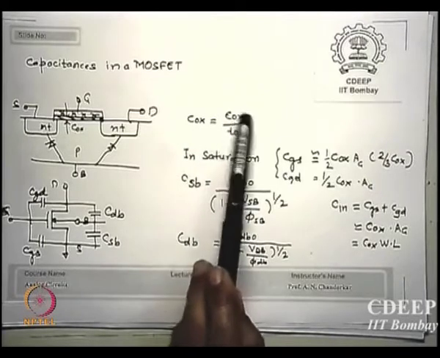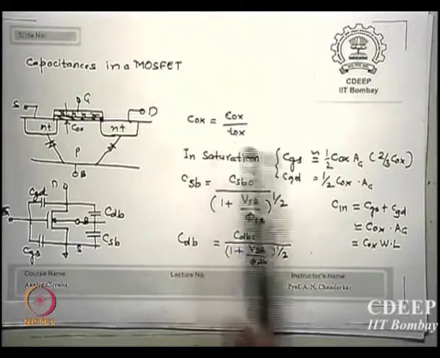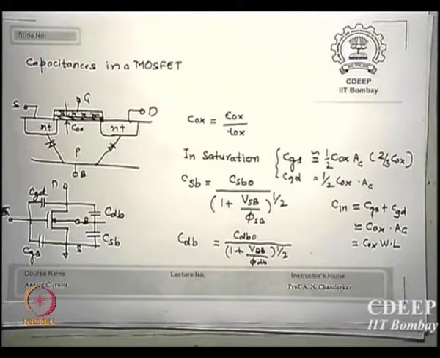For different technologies, Tox may vary. What is the smallest Tox right now in the new Intel 22 nanometer processor that has come? How much Tox are they using? I already said technology is known by the number I keep telling, 22 nanometers. So something much less than that will be yours.